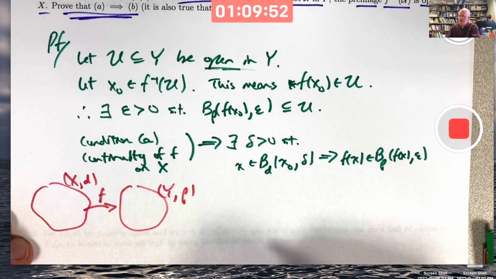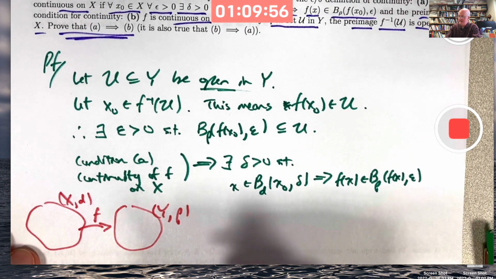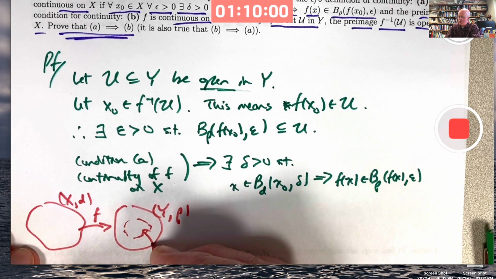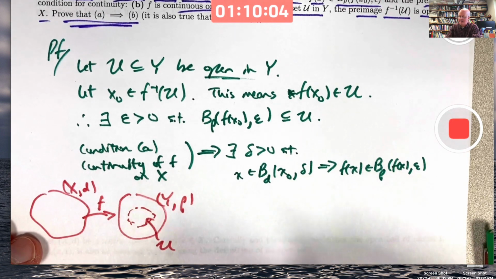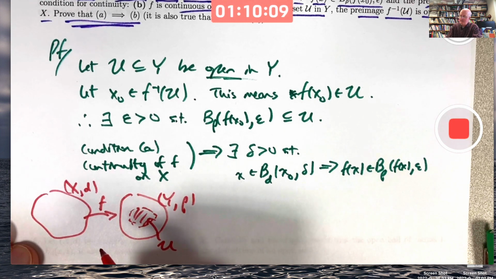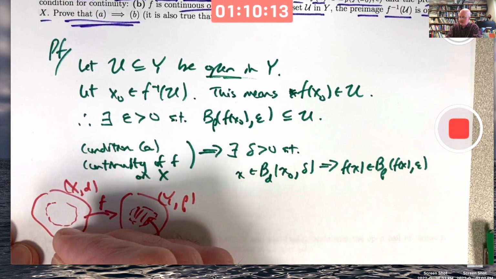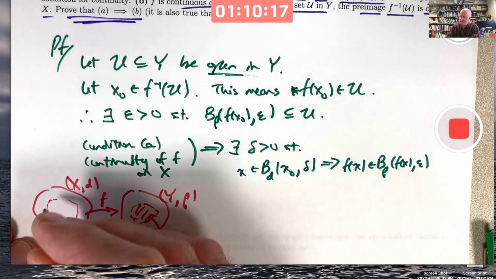I'm trying to show that it fits the preimage equivalent condition for continuity. I've got a subset U that's open in Y. I'm purposely drawing it without a boundary just to emphasize it's open. I want to show the preimage of that set over here is open in X.